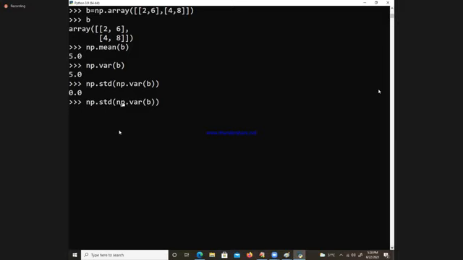Of A. I will write, not that part. A. So you will be getting this entire thing. So 5.0 star 2, star 2, 5.0 like this. So you are getting SQRT, 0.5.